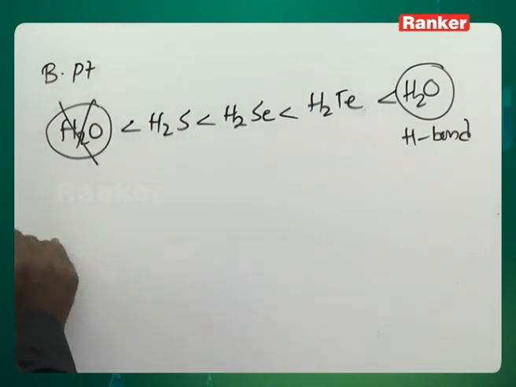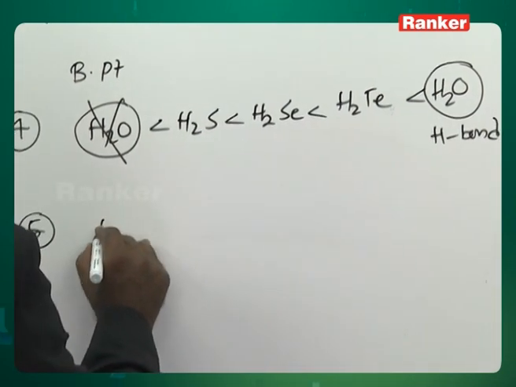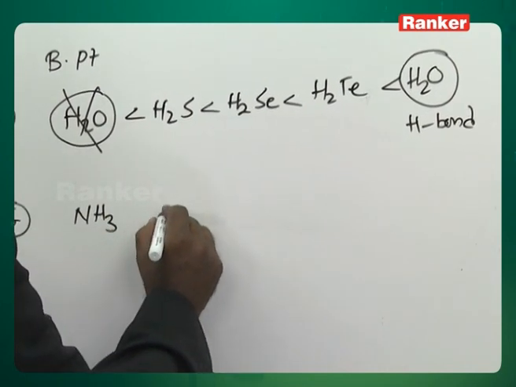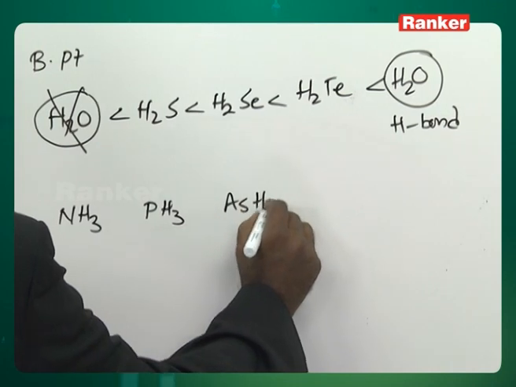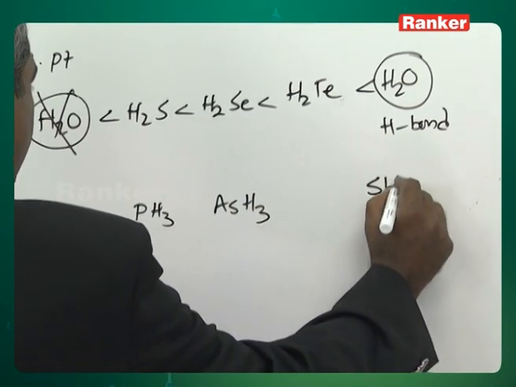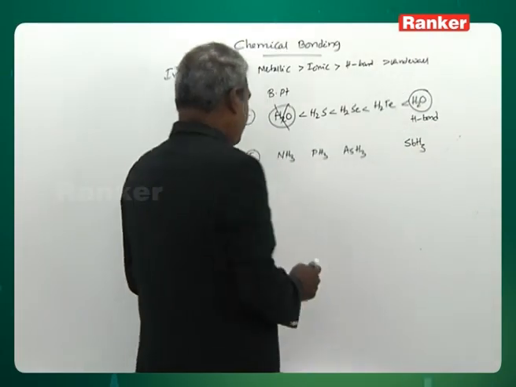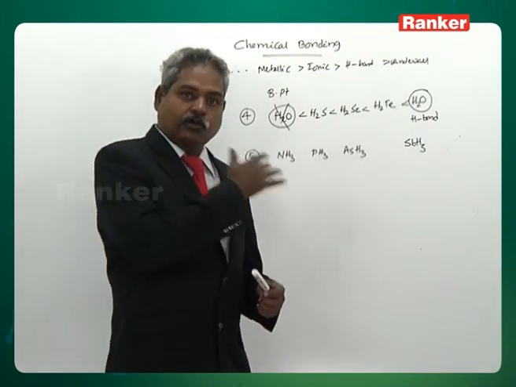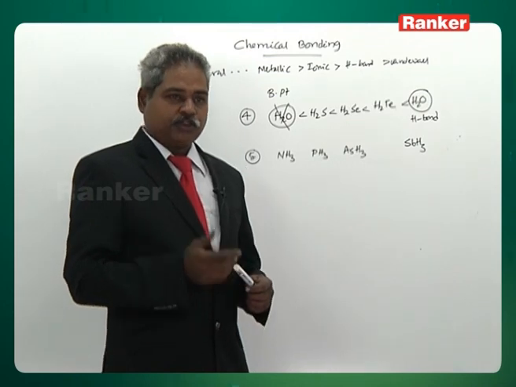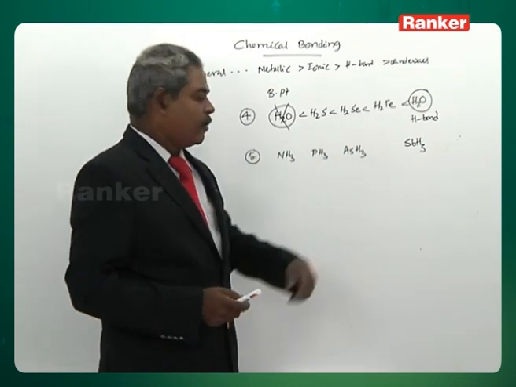5. So, in the group, ammonia, NH3, PH3, AsH3, SbH3, if you observe closely, what I am comparing are the boiling points of hydrides of nonmetals. A study we have to make in the P block.